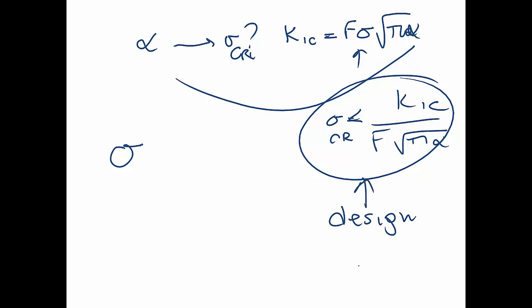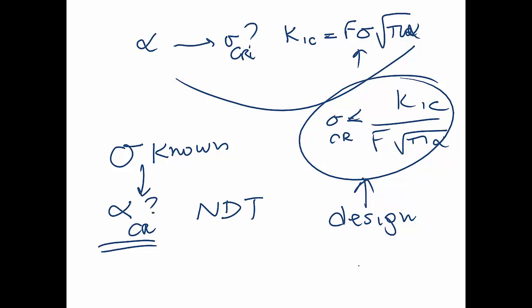The other situation is that if you know your stress, so if you have an existing design, then you can find out what is the critical crack size that will make the structure fail. This is very important because you can use non-destructive examination techniques to verify that existing cracks are not present.